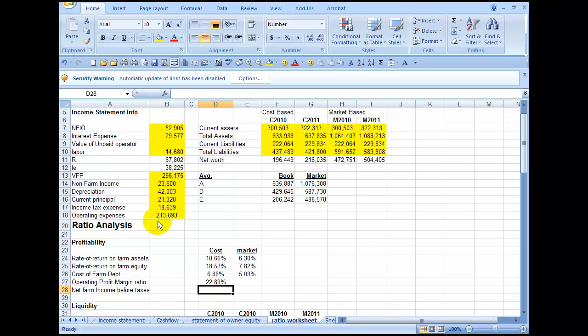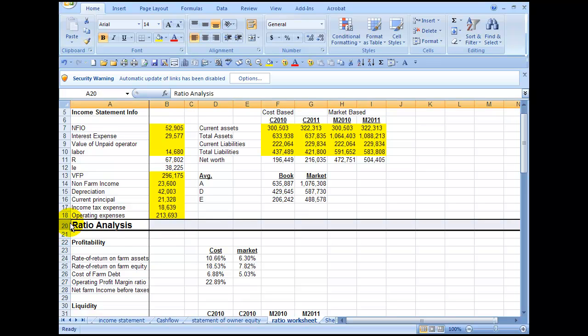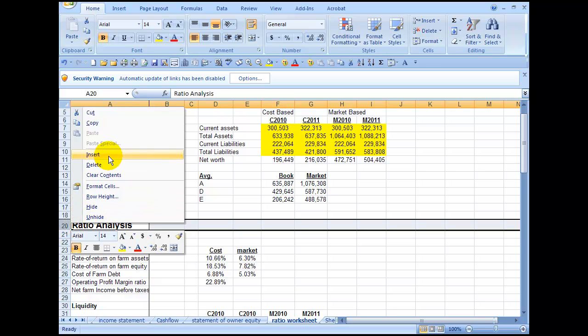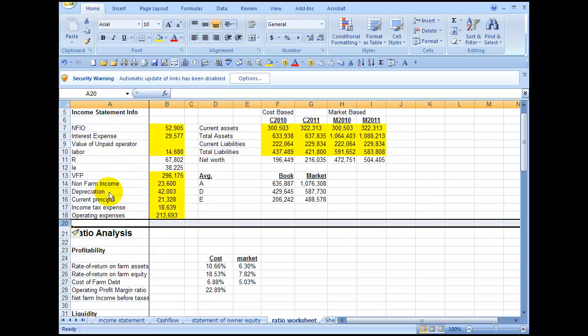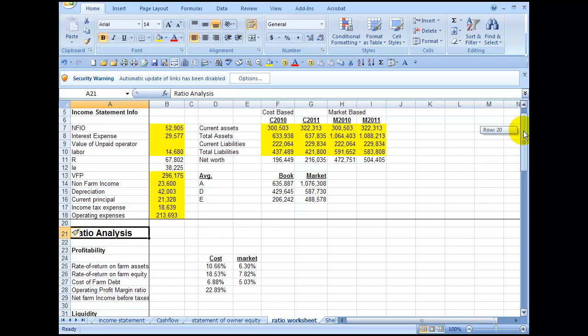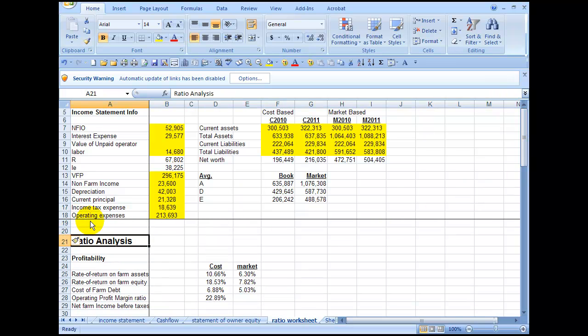I should have had it over here in my income statement info, but I did not. And so what you can do is just add a line in, insert. Let's see. So what's happening here is, there we go.